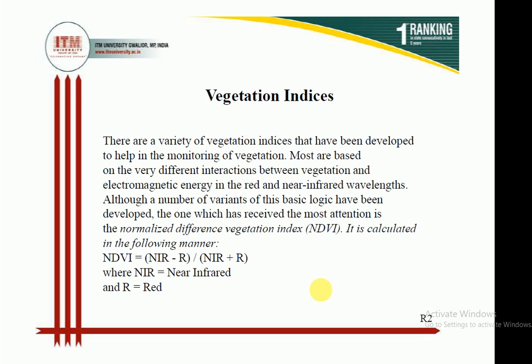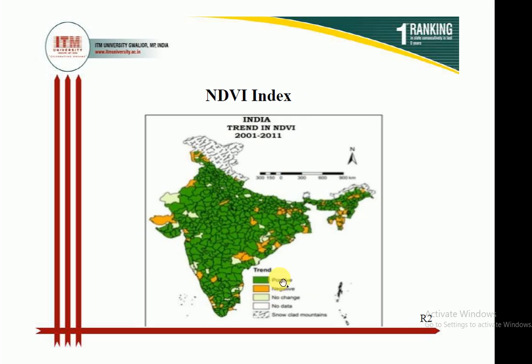If it lies between 0.66 to 1, then the vegetation which is present in that particular area is healthy. And as it goes on decreasing, the vegetation which is present in a certain area faces some deficiency problem or has some problem. So this is the NDVI index of whole India, dividing India into various zones, having positive NDVI, negative NDVI, or having no variation in the NDVI.